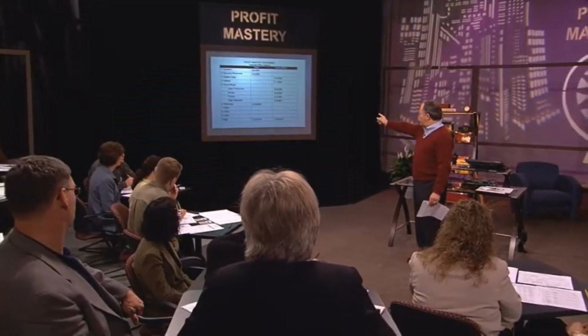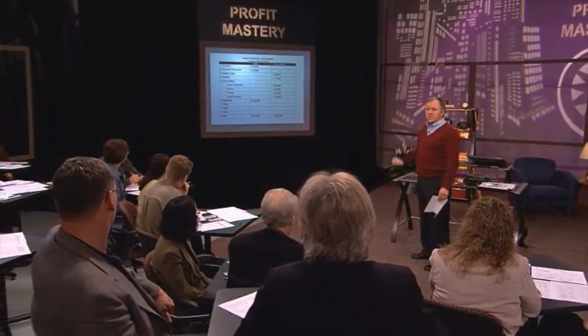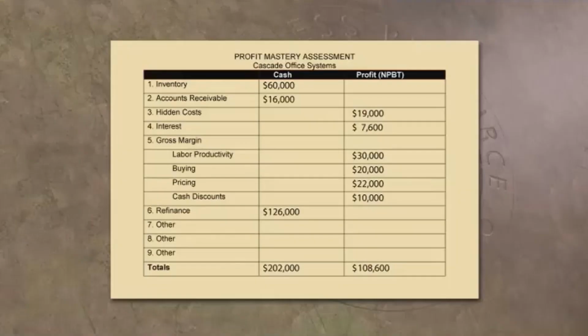Now, who's going to be responsible for the 60 and the 76? Him or the bank? The inventory management and the receivables management. He is. Who's going to be responsible for the 19, the 76, the 30, the 20, the 22, and the 10? He is. He's responsible for those. Which one can the bank help with?